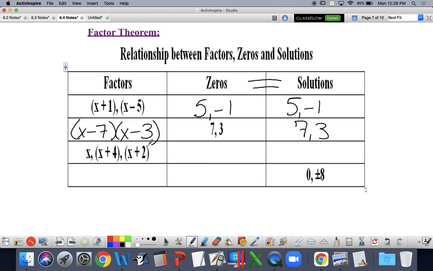Looking at this part of the table, what are my 3 zeros? 0, -4, and -2. Exactly. And in my last example here, these two things mean the same thing. What are my factors? x plus 8, x minus 8. Yep.